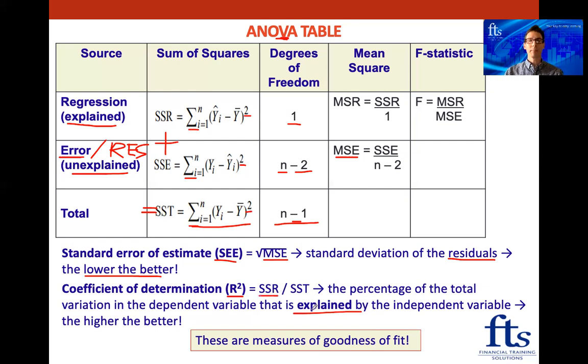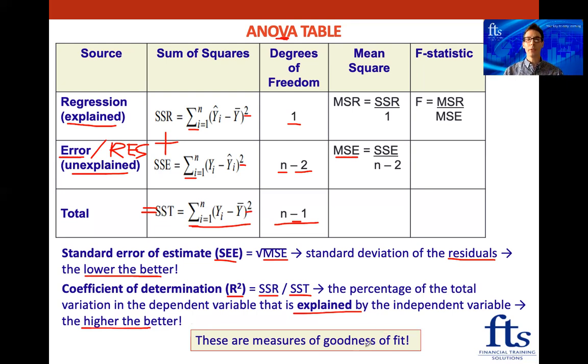This is the explained variation. So the SSR is the explained variation, and we divide that by the total variation. And that's going to give us the percentage of the total variation in the dependent variable that is explained by our independent variable. And we've got in here, the higher, the better. So the higher the coefficient of determination is, the better.